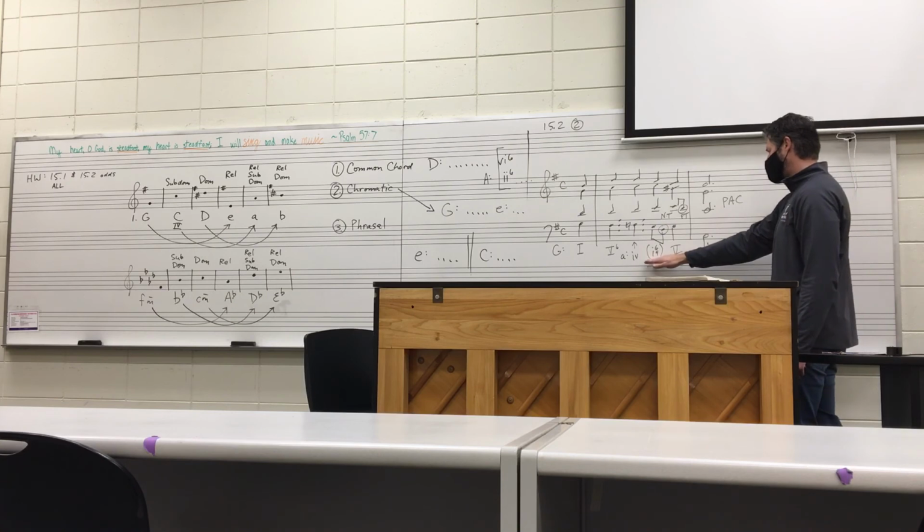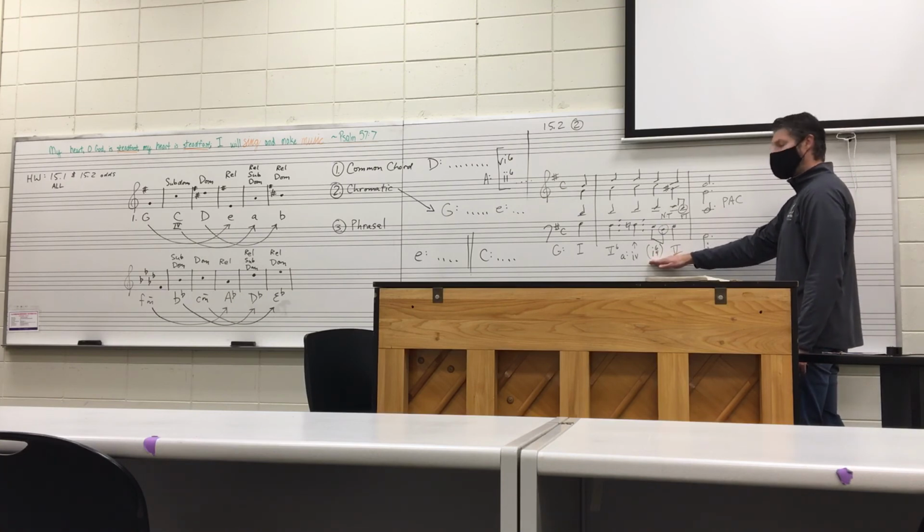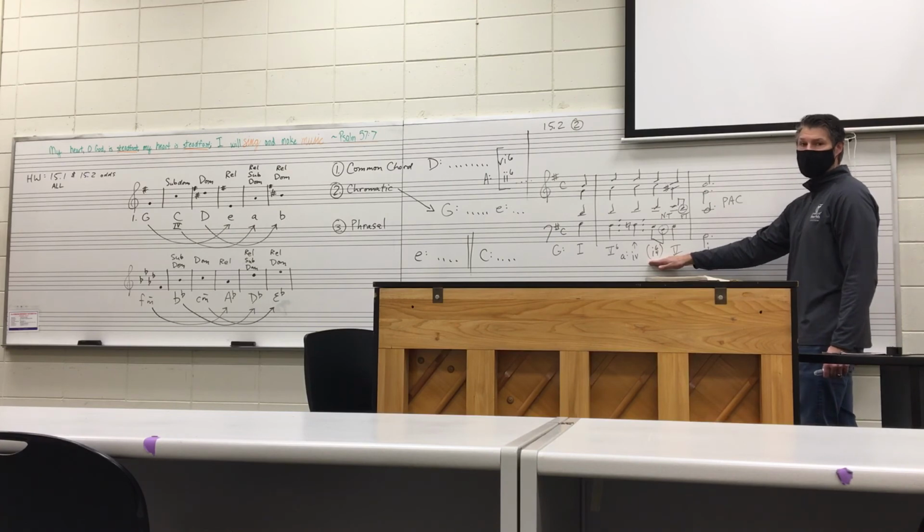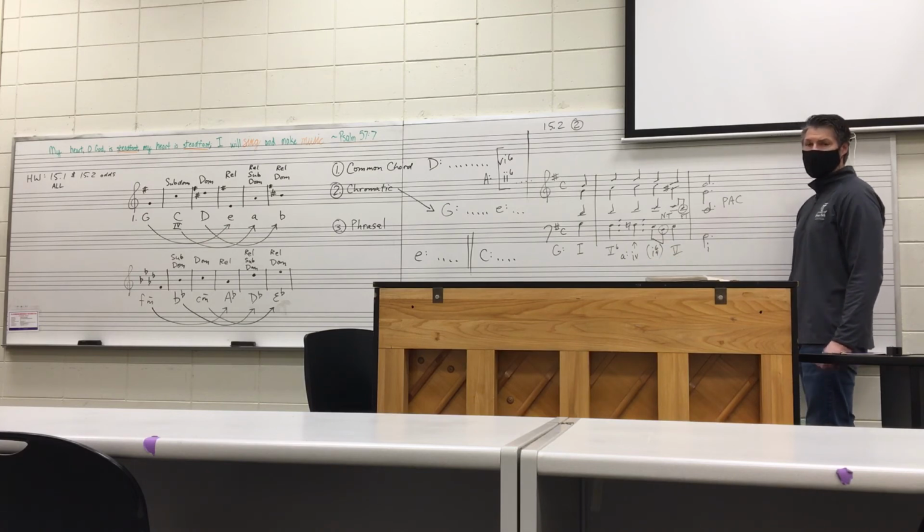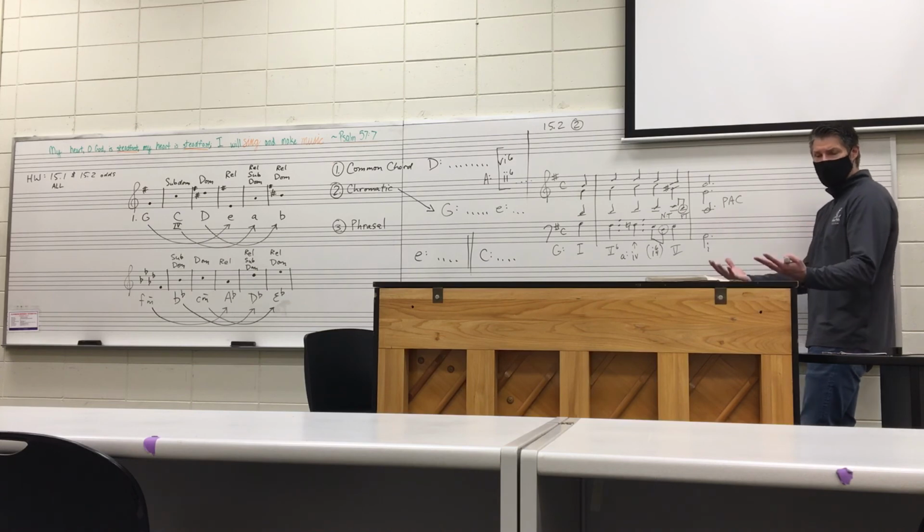And I look at this cadential sequence. I've got a 6-4, which is not a stable chord. I mean, anytime you've got second inversion or third inversion chords, those are not stable. Not like a root position chord.